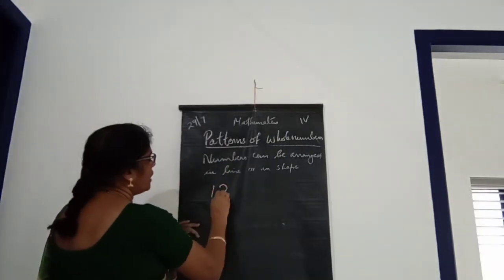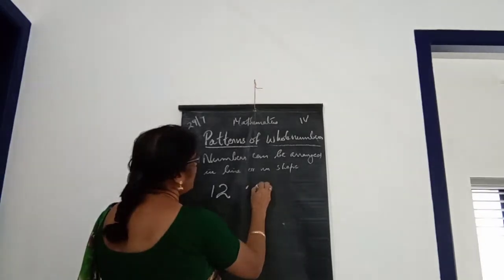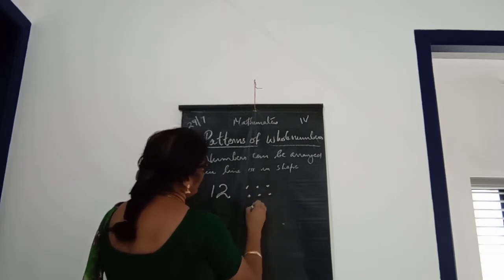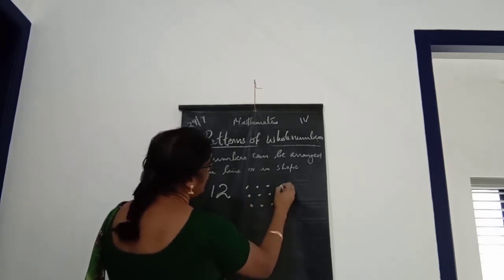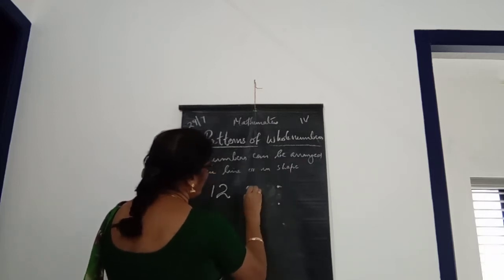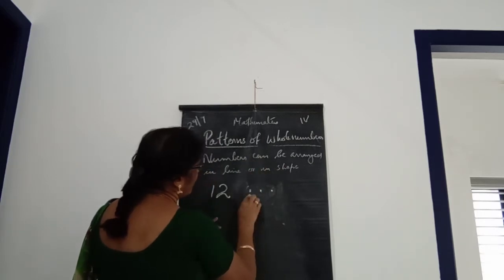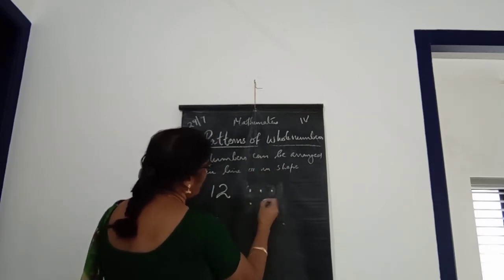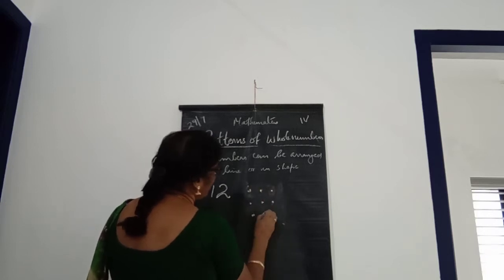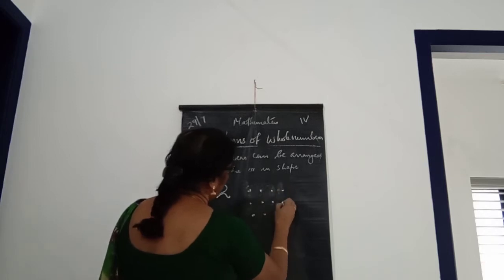The number 12. With 12 we can make 1, 2, 3, 4, 5, 6, 7, 8, 9, 10, 11, 12.